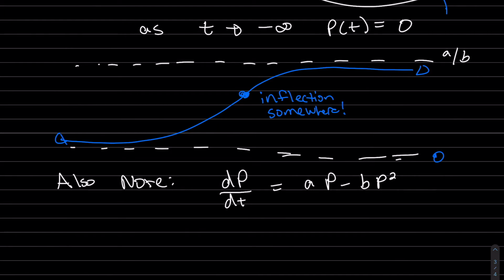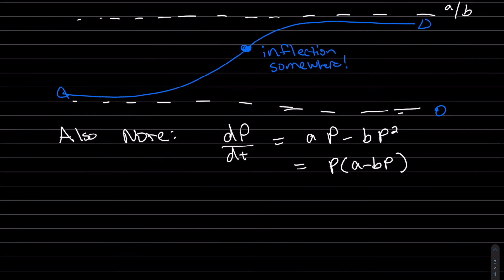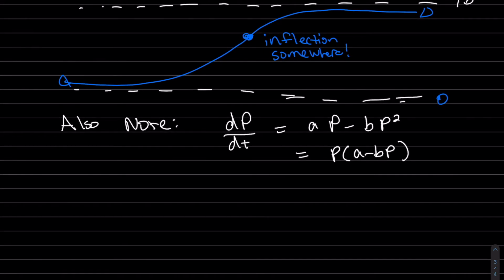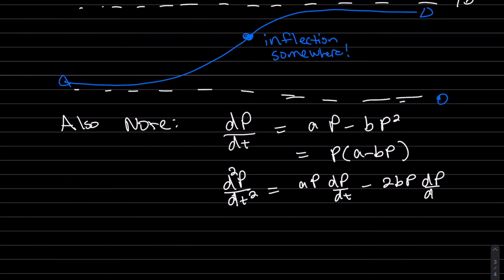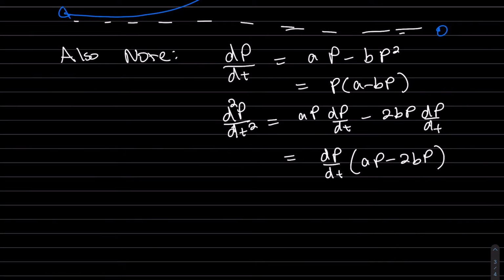We distribute it, and if we find our second derivative, chain rule, but we can backpedal. dP/dt is this, which I'm just going to put that.